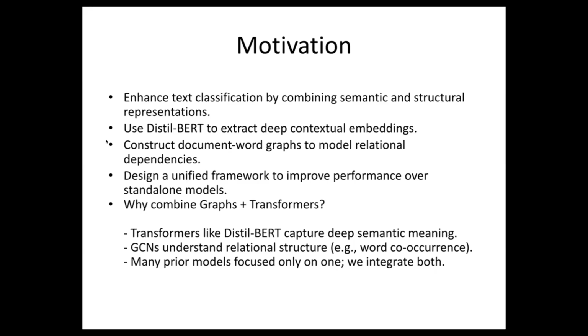The idea is to combine the strengths of transformers and GCNs. While transformers are excellent at capturing semantic context, GCNs are better at capturing relational structure in the form of graphs. Many prior models focused only on one of the aspects, but by integrating both of them, we aim to improve performance while maintaining efficiency and interpretability.